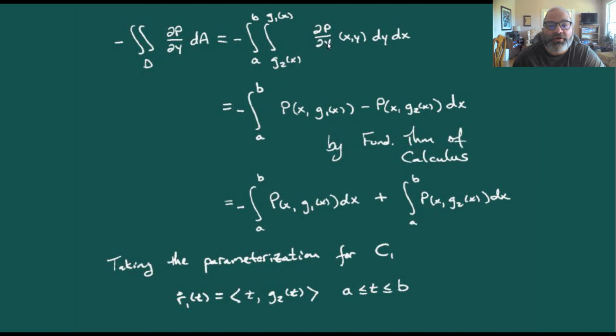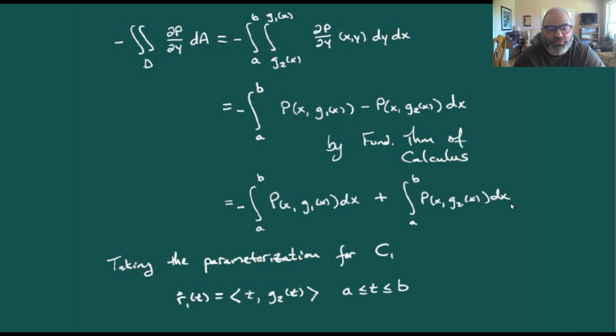If we do one integration, since that's a derivative, the fundamental theorem of calculus tells us that's P evaluated at the upper limit minus P evaluated at the lower limit. And so we can split those up: negative the integral from a to b of P(x, g1(x)) dx plus the integral from a to b of P(x, g2(x)) dx.